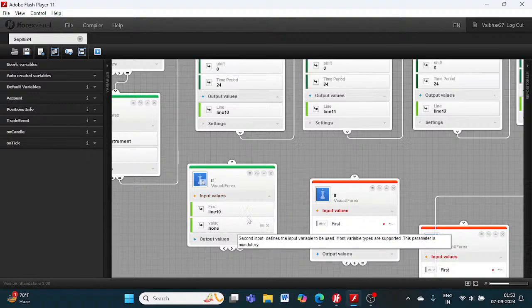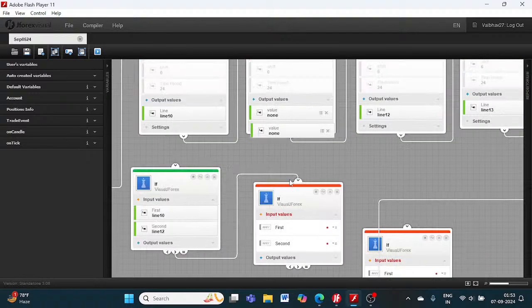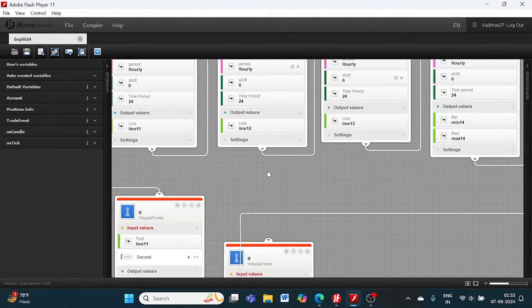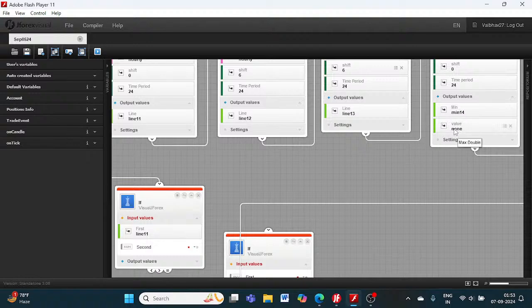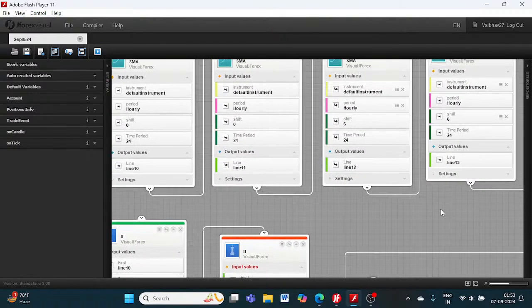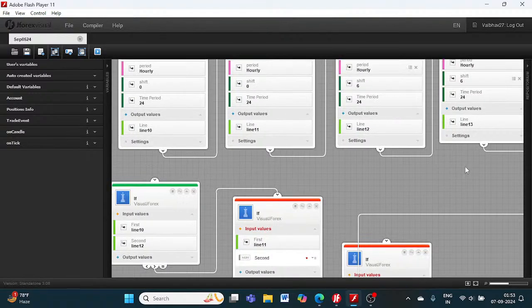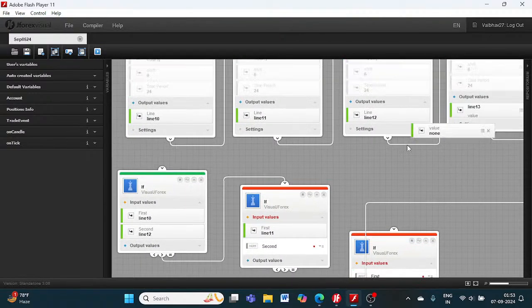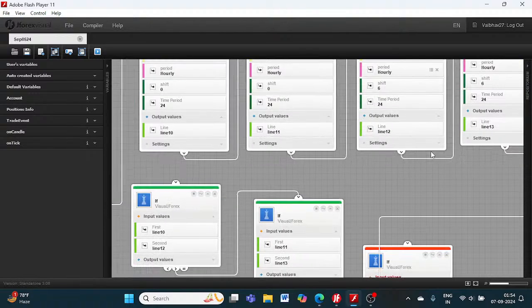Line 10 needs to be greater than line 12. Line 11, the SMA of the low price, needs to be greater than line 13, which is the SMA of the low price 6 hours back.